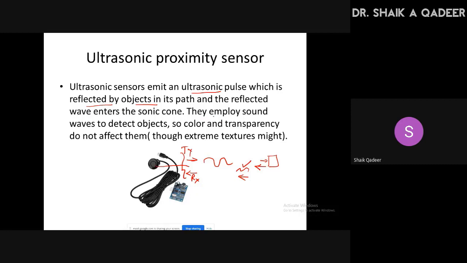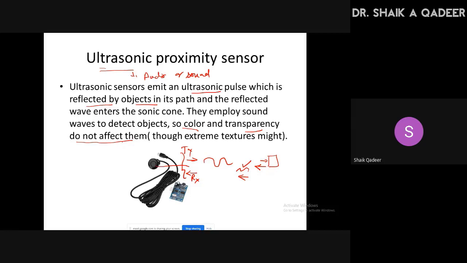Okay, they employ sound waves to detect the object. Obviously the name says that the ultrasonic sensor sends sound waves, human understandable sound waves, right? So to detect the object, color and transparency do not affect them. This is actually the advantage of the ultrasonic sensor.